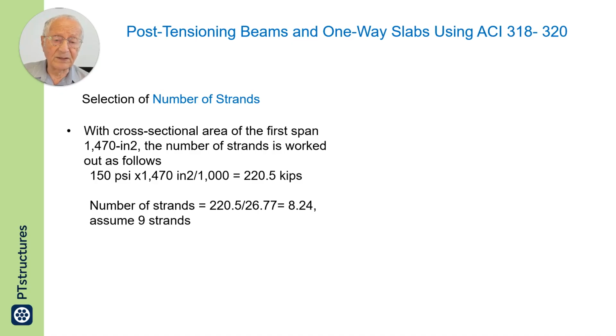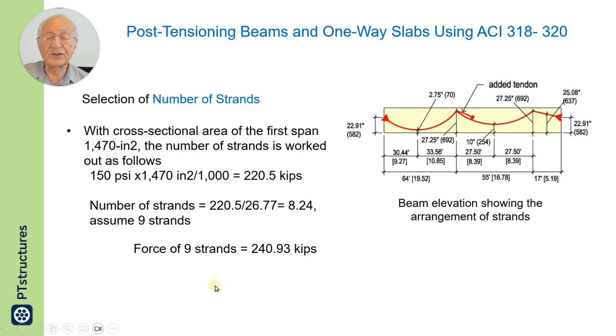I divide it by the force that each strand provides. I get the number of strands required. 8.24 isn't a round number. I assume 9 strands. The force of 9 strands will be this much, 9 times the force of each strand.